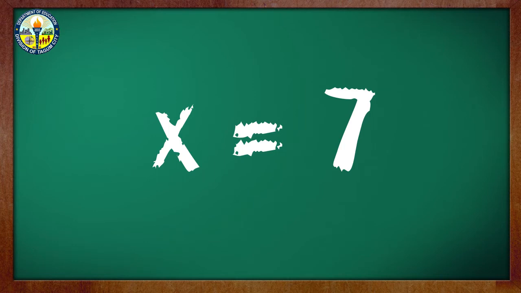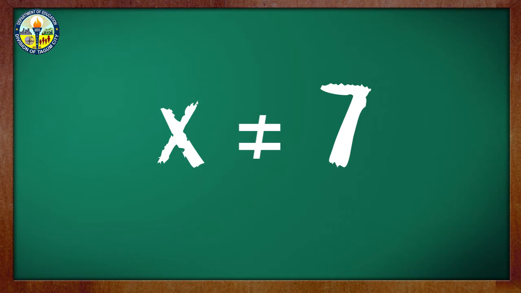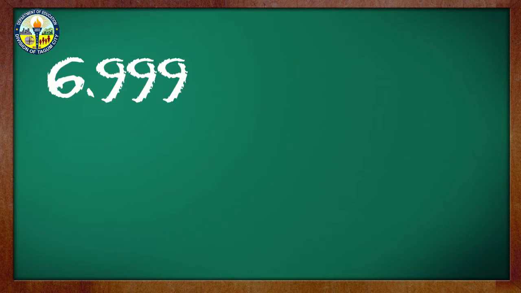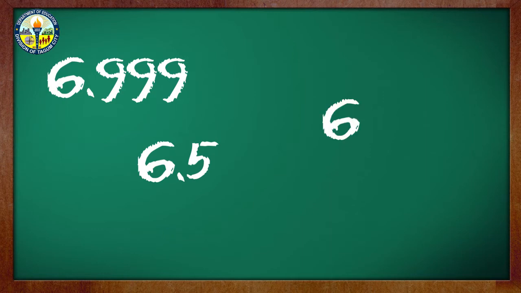Say x equals 7. This just means that the value of x is exactly 7. Not more, not less. But if I say x is not equal to 7, it means any of the following. x has a value less than 7, like 6.999, 6.5, 6, 1, 0, -1, and below.